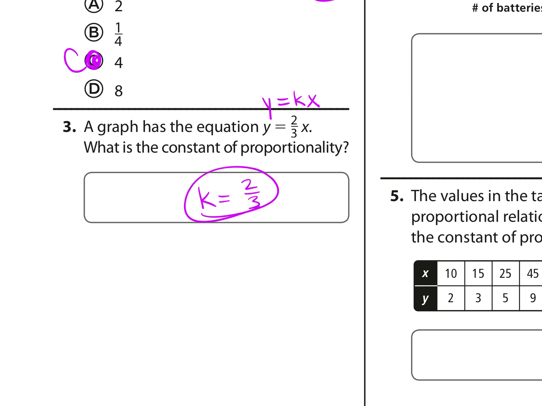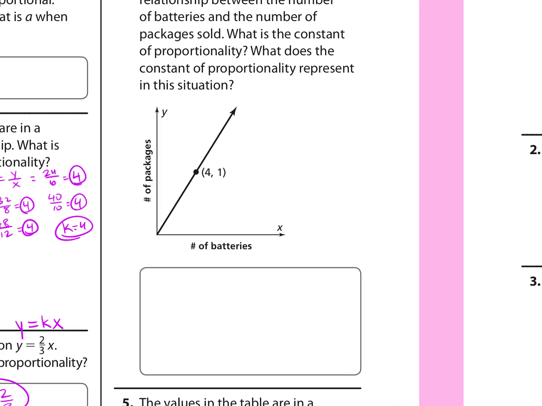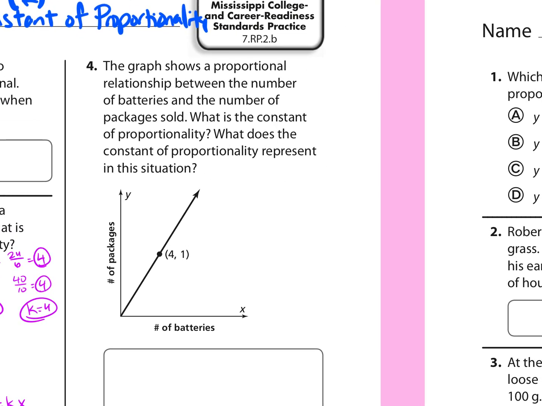Number 4, the graph shows a proportional relationship between the number of batteries and the number of packages sold. What is the constant of proportionality, and what does the constant of proportionality represent in this situation? Well, we can find it quickly by saying, okay, k is equal to y divided by x, and I've got this ordered pair right here for 1.